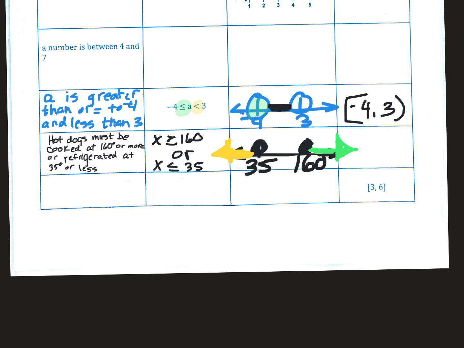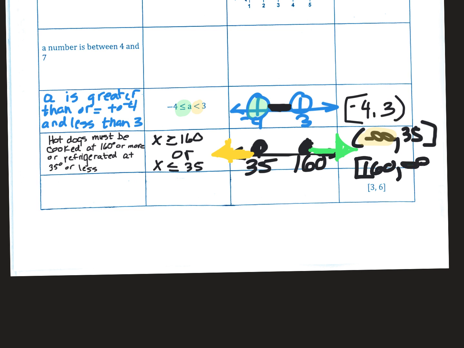Because that arrow is going to the left forever, it's a negative infinity and a 35, because it's going forever to the left. So you have to account for that with the negative infinity. Then we need a second interval that starts with 160 and a positive infinity.